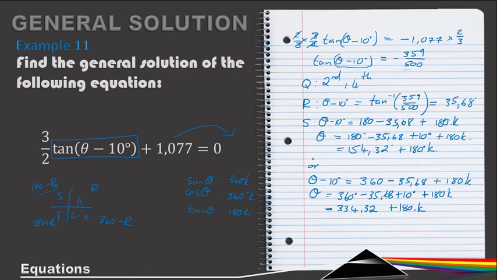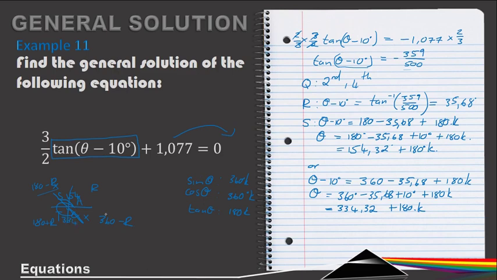Now when it comes to tan, because the period is 180k, always just make sure that these two general solutions that we found here aren't the same. Over here in the second quadrant this one is the 154 angle, and then the other one we found was 334.